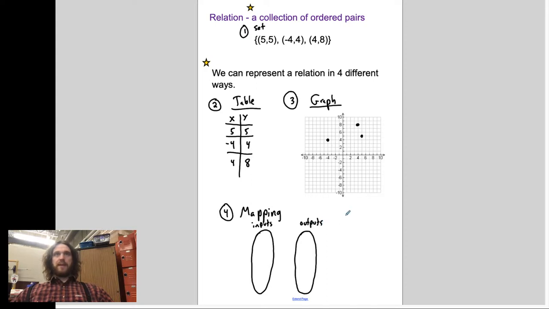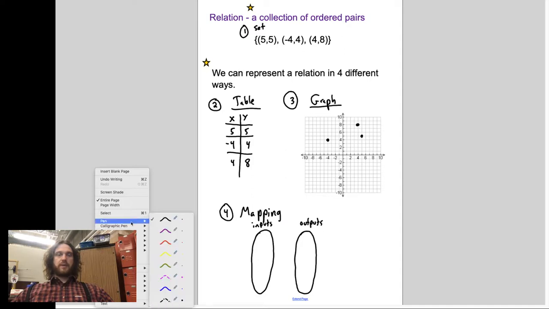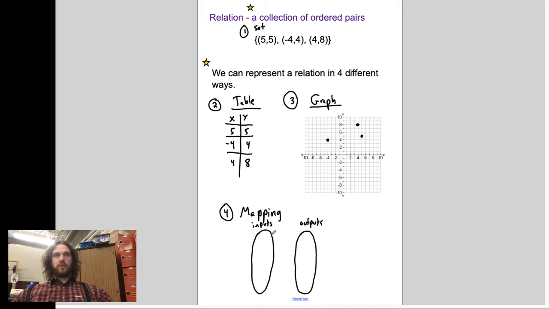And how a mapping is different than a table is, although they do not have to be in order, I am going to write them in numerical order. So typically you write negative 4, 4, 5 for our inputs. And then 4, 5, and 8.